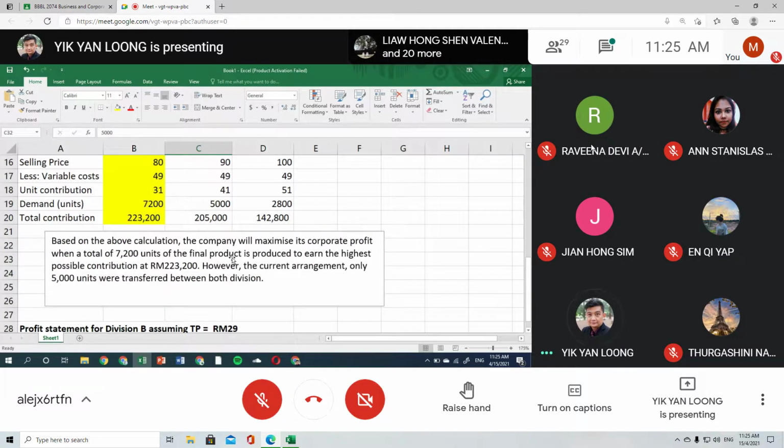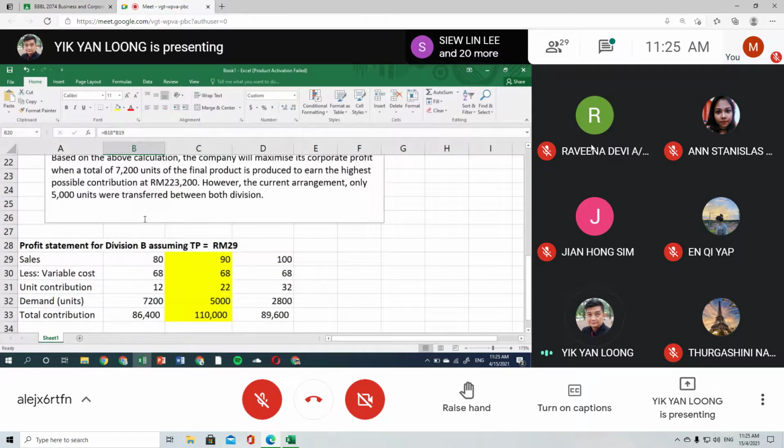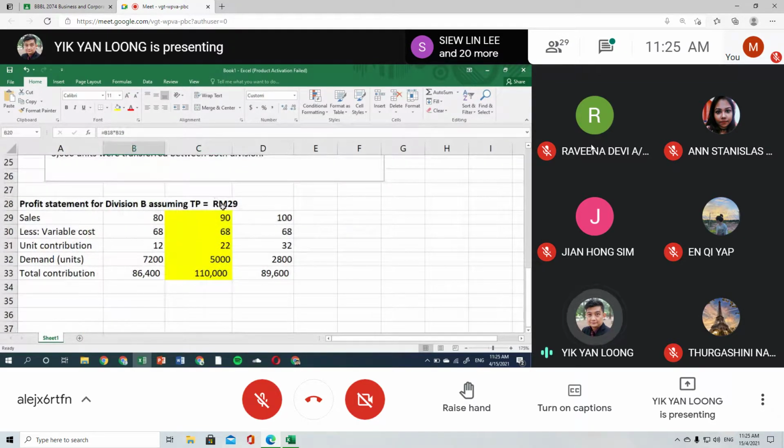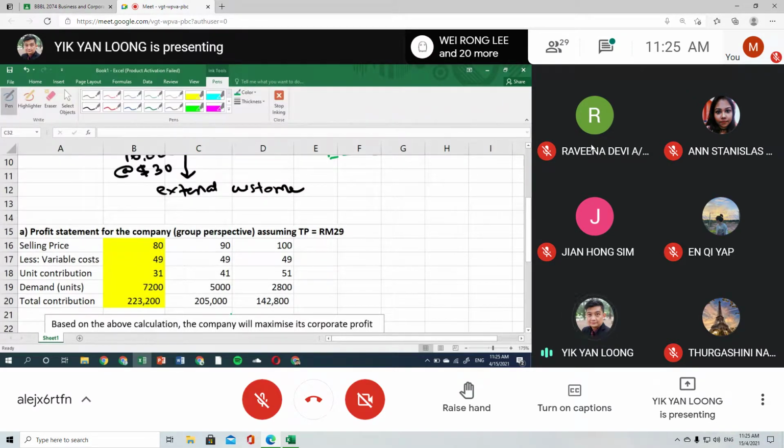Why? By right, the maximum contribution earned by the company as a whole is 223,200. But because of the transfer price at 29, it motivates division B to produce only 5,000 units, right? Overall company's profitability will be capped at 205,000.